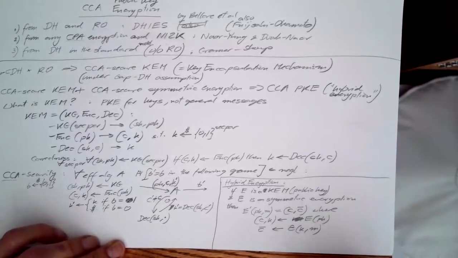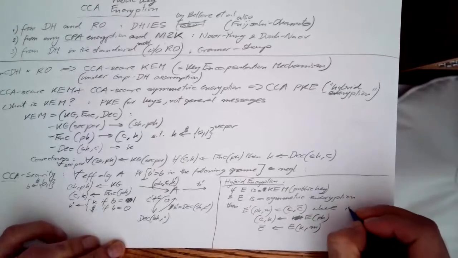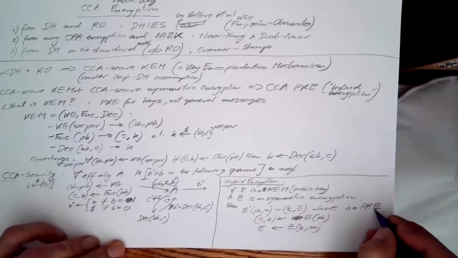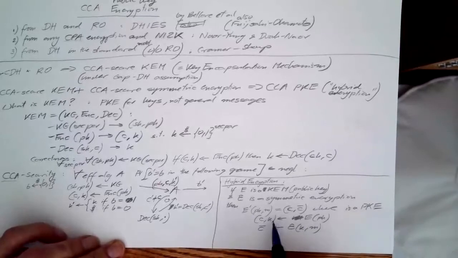This is a public key encryption scheme, because the KEM is capable of creating encryptions of random keys. So that's what we use the KEM for. And then we encrypt the actual message with the symmetric key encryption and the key K.